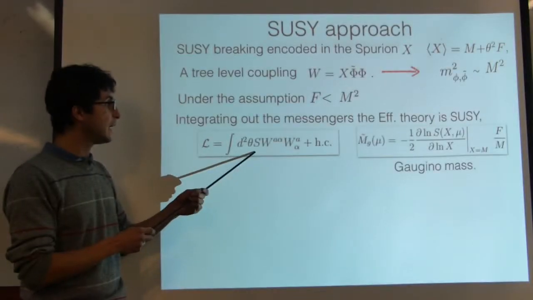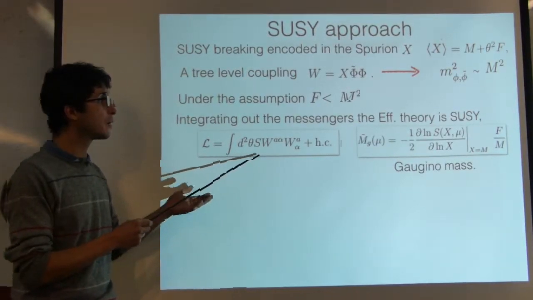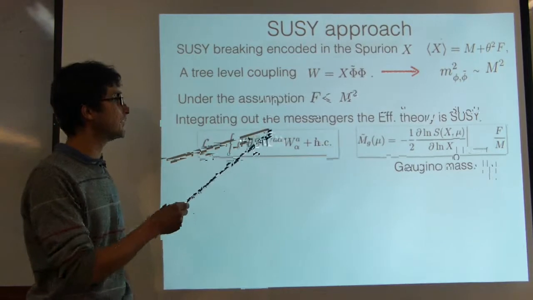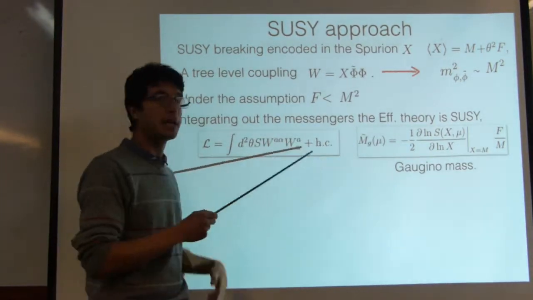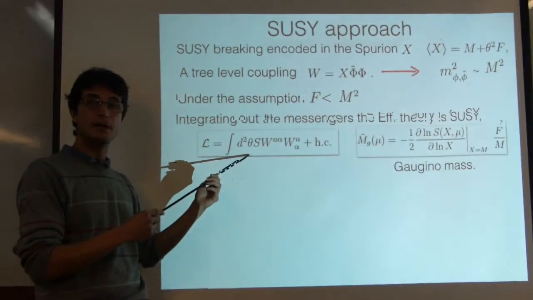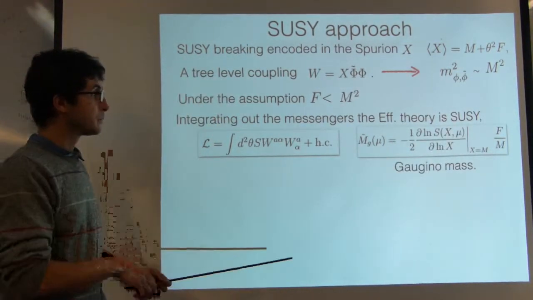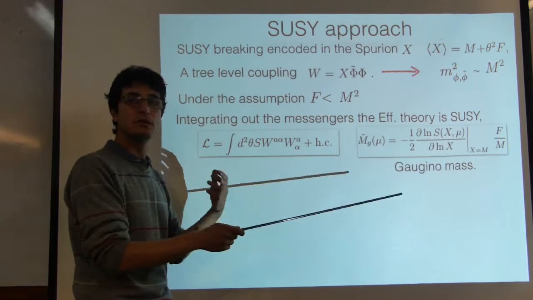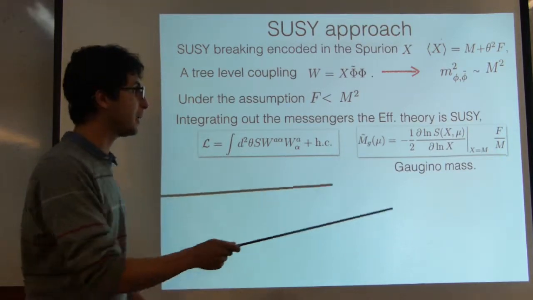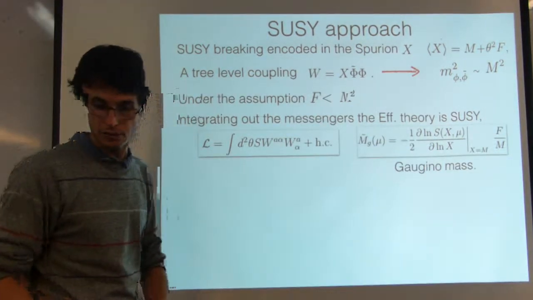And now I can compute the masses from the Lagrangian in here, just taking the theta squared part. And this is just this result, okay? In here I have taken into account the canonical normalization for the gauge fields.